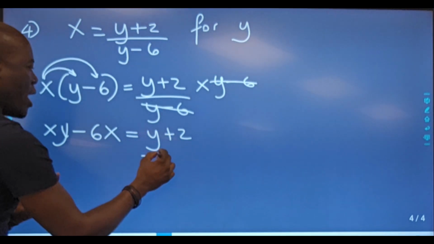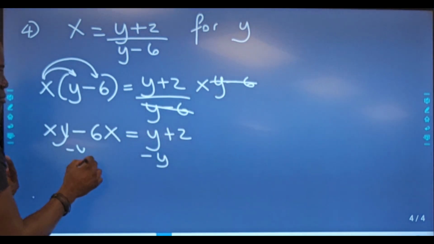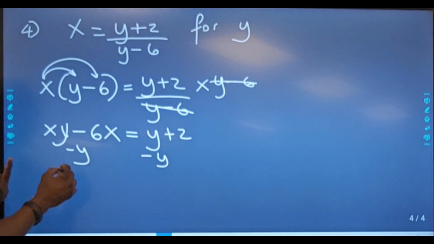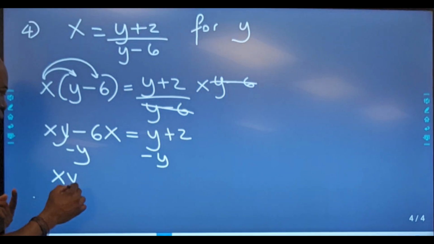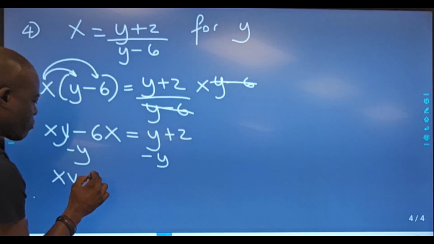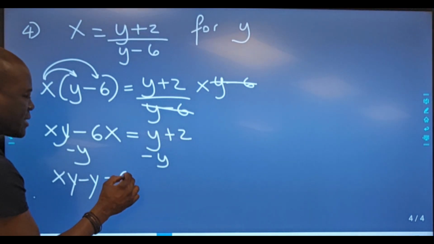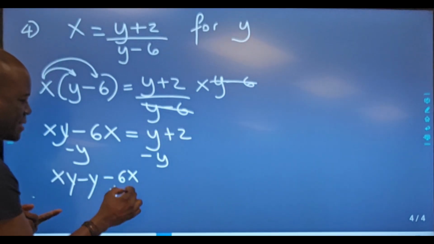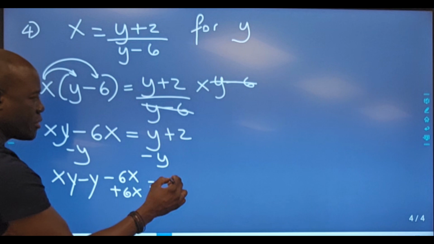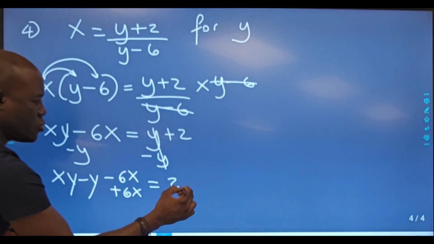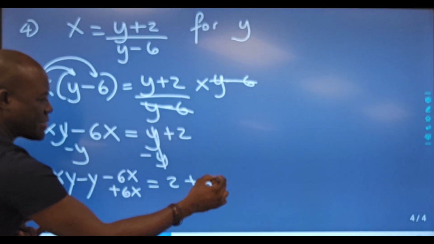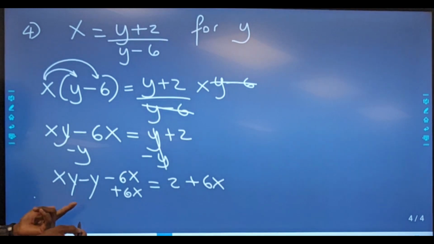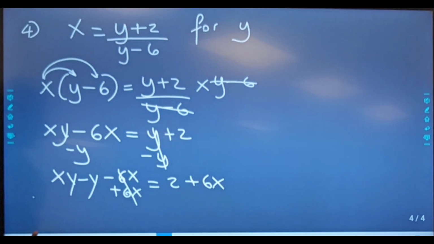So I'm gonna subtract y from both sides. So when I do that, I'm gonna have yx minus 6x, and I'm gonna add 6x because I don't want it here. This y is gone, so we have a 2, then I'm gonna have plus 6x here. So I'm just carrying out this idea because this has to go as well.